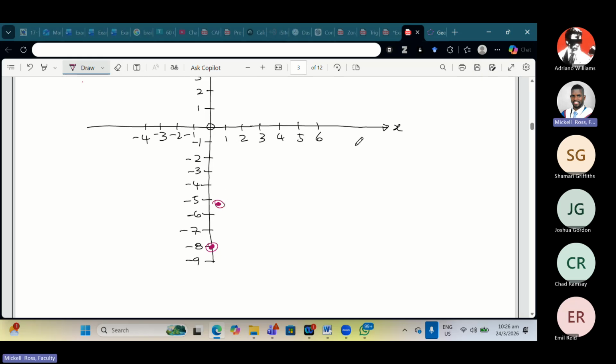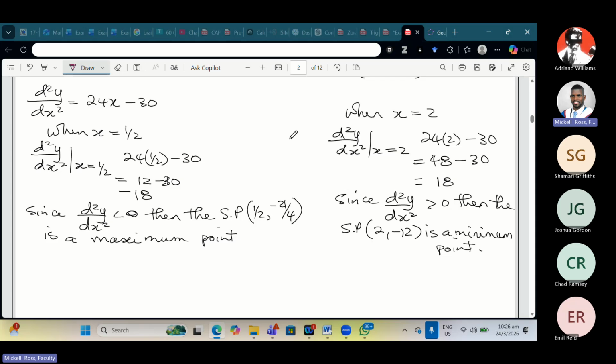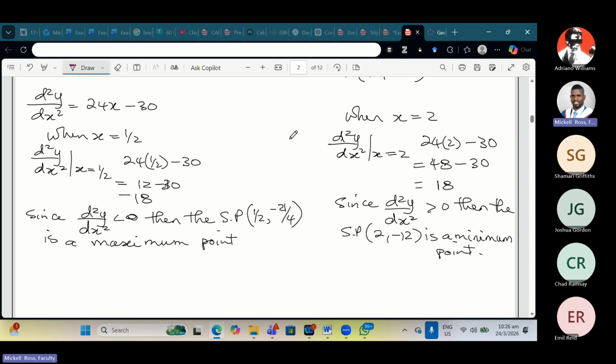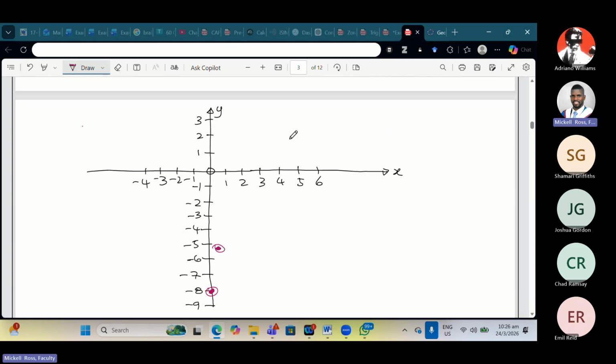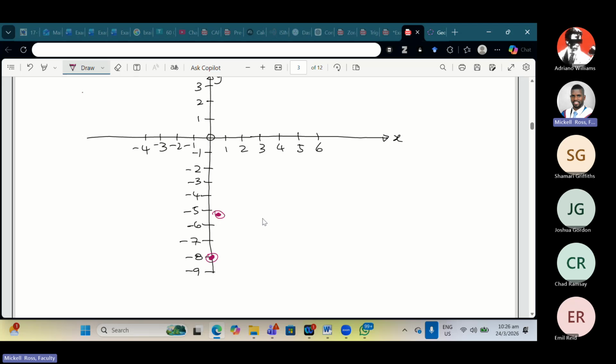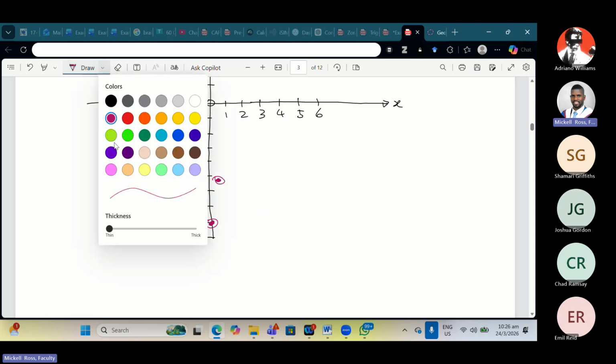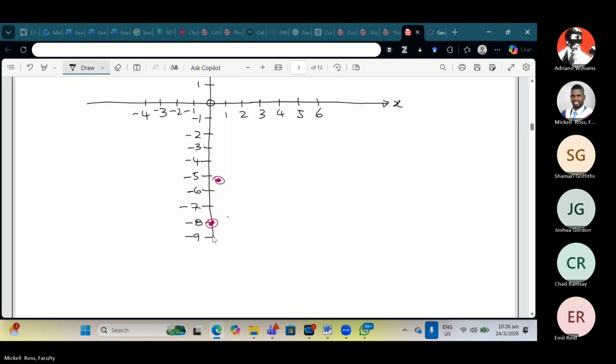And then the next one is going to be 2, negative 12. Oh, this one is going to be a narrow graph. We need some more on the negative 10, negative 11, negative 12.